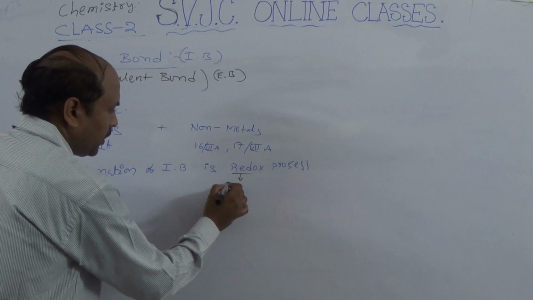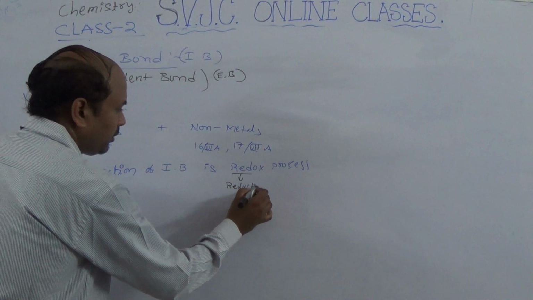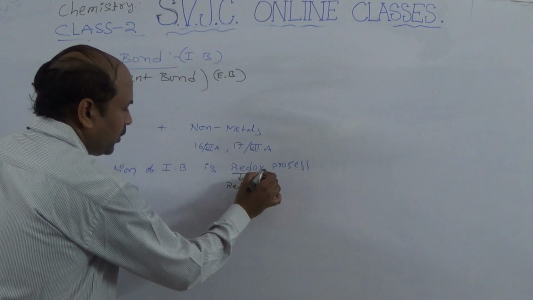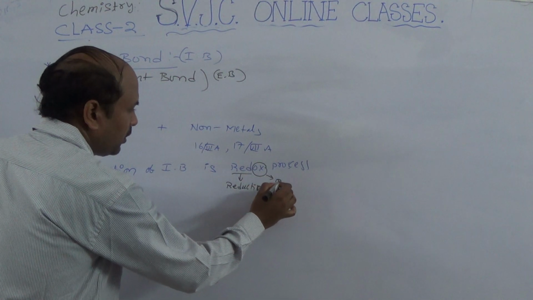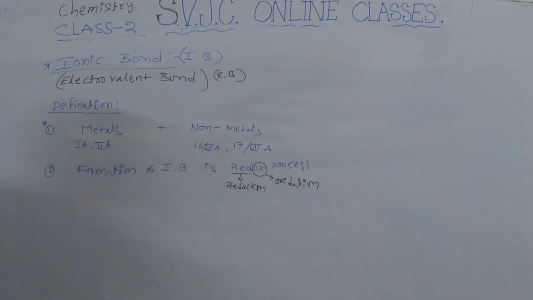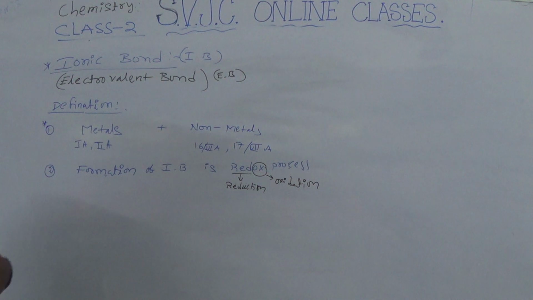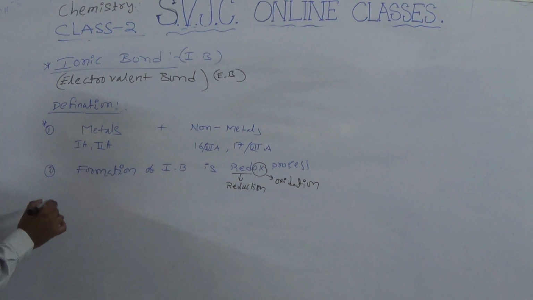RED indicates reduction and OX indicates oxidation. That means during the formation of ionic bond, one atom undergoes reduction and another atom undergoes oxidation. That's why the formation of ionic bond is called a redox process. We will discuss the formation of ionic bond later.